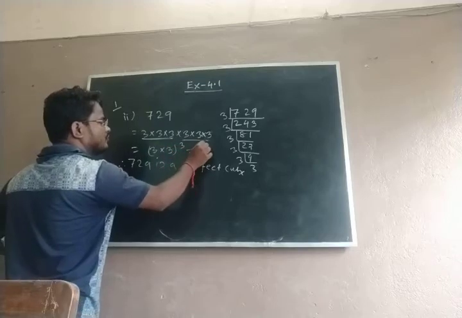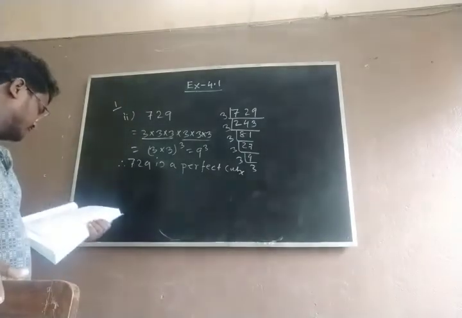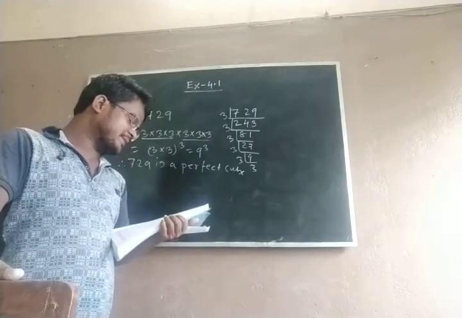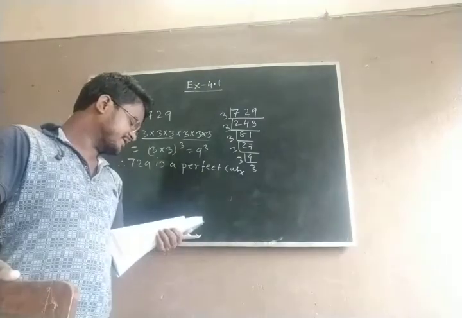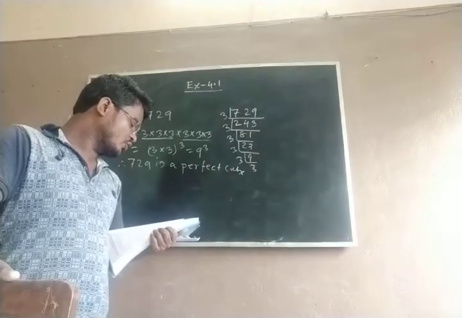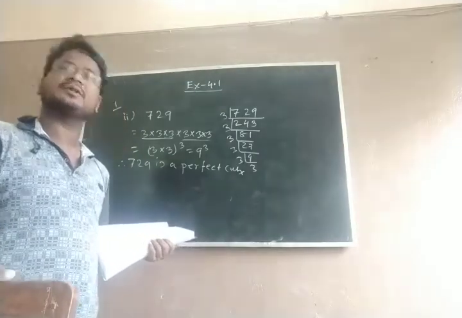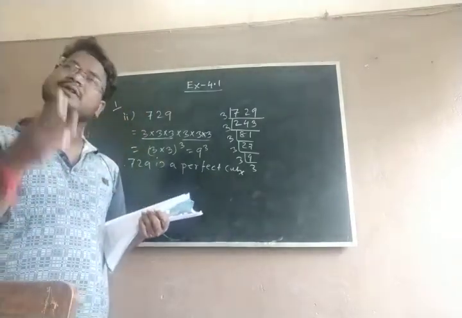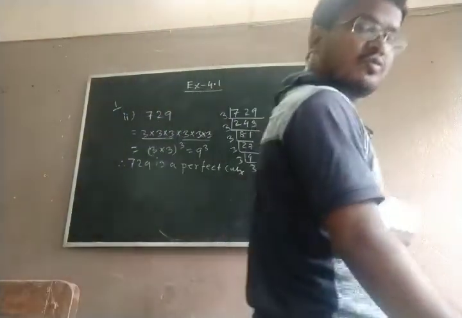So each of the following numbers is a perfect cube. Same as also, I am reading, you will do. You have to do the prime factorization, and you will get 3 same numbers with 3 same numbers. Okay, do part 2.